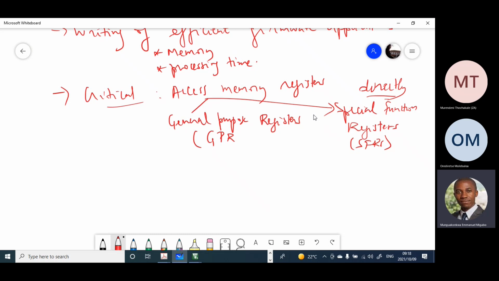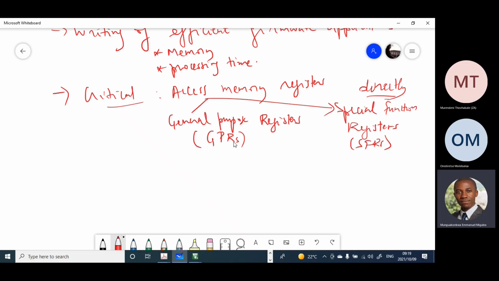So we pull that header file or library, and then we can use the names of the special function registers instead of the actual addresses. But inherently, whether assembly or C, as a firmware developer you are supposed to access memory by its address.